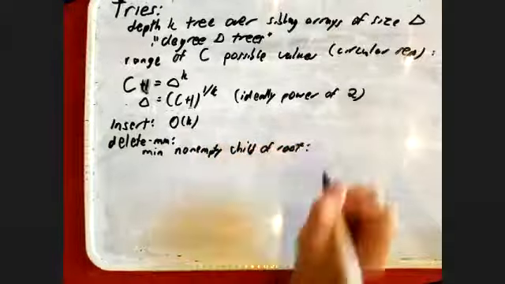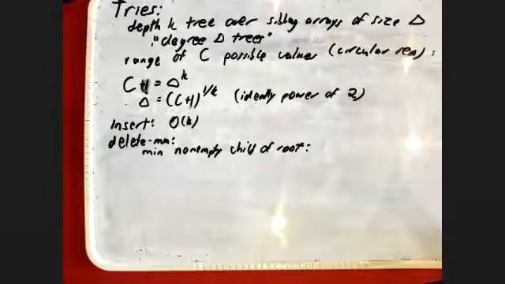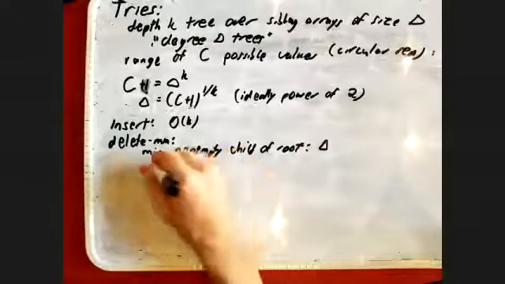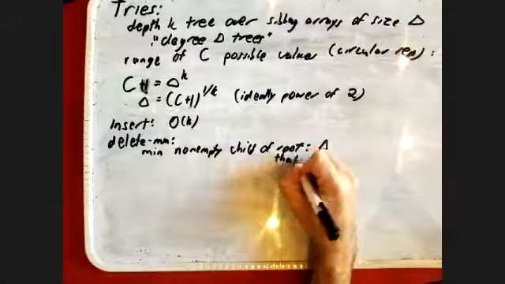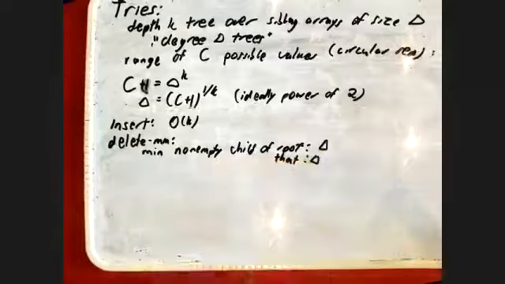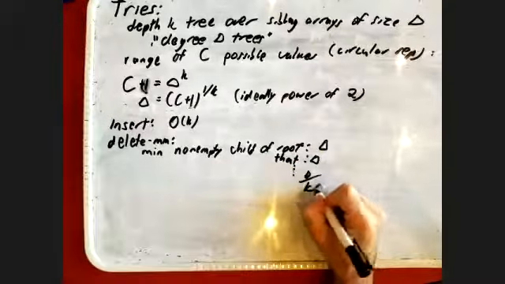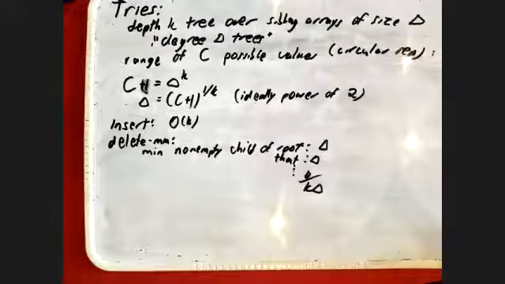And how long does that take me? Oh, delta? Takes me delta, right? Then I find the minimum non-empty child of that, and that takes me another delta. And I need to do that at each layer of the tree, of the trie. And so overall, I spend K delta time.